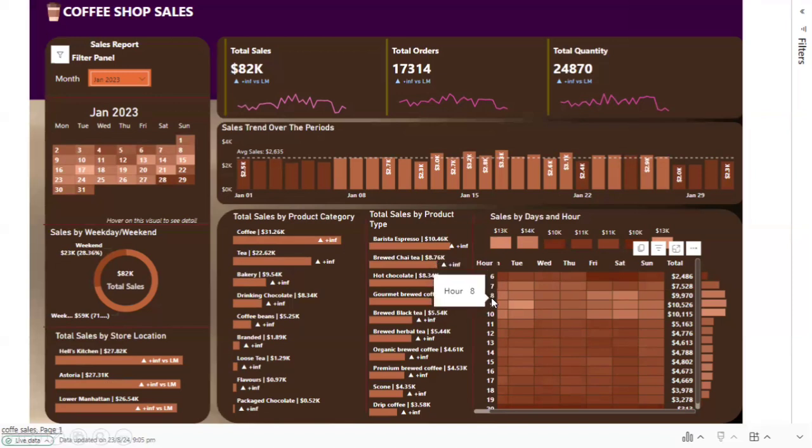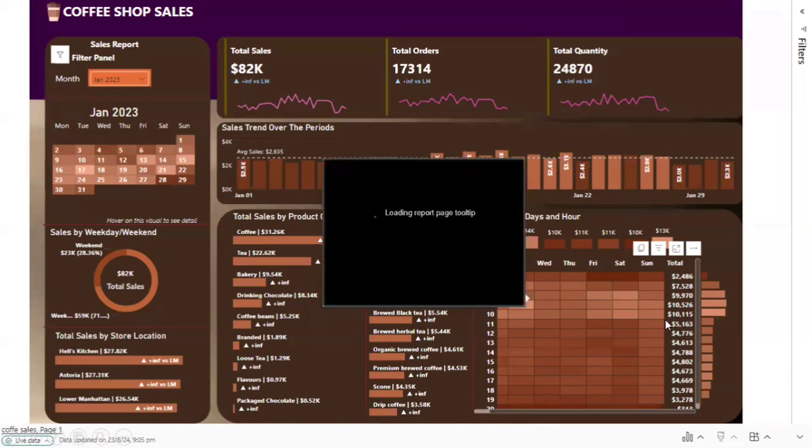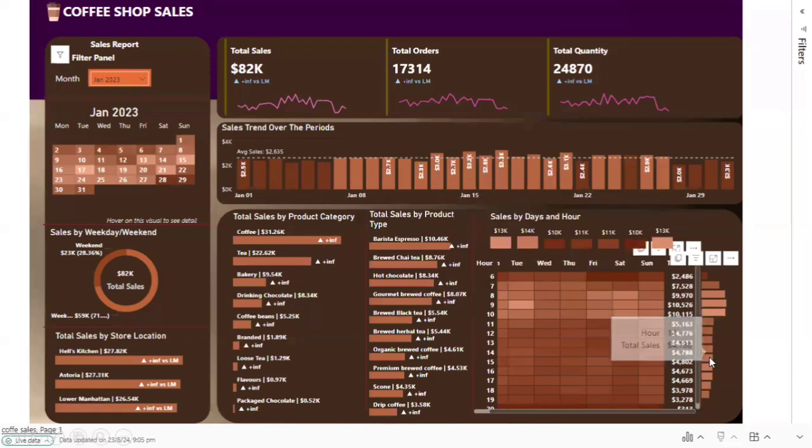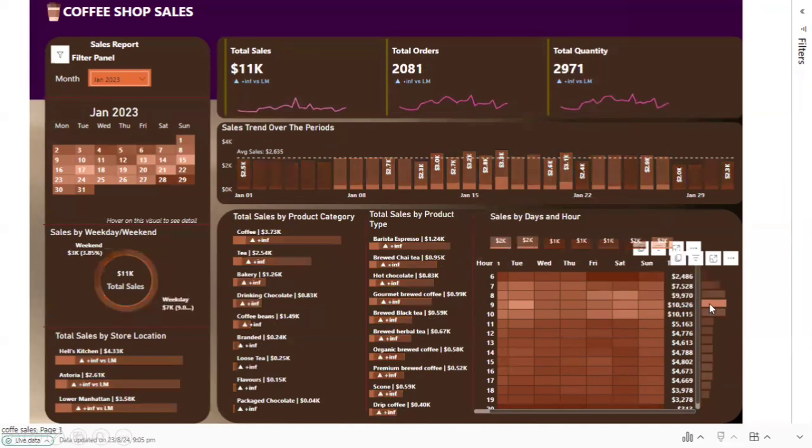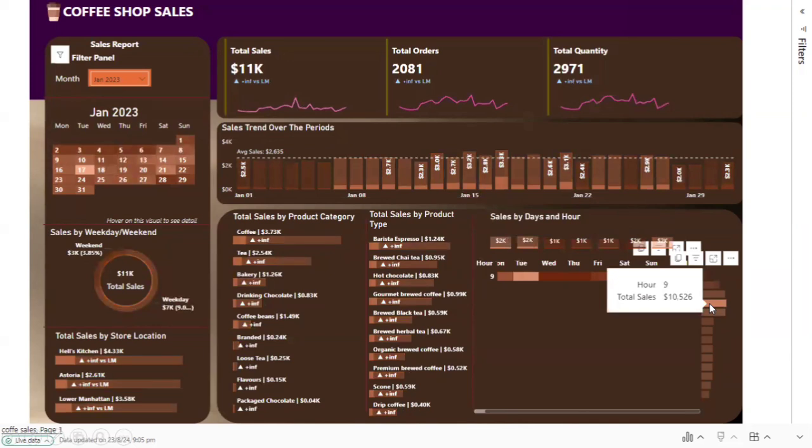Because in the morning, people prefer to have good hot beverages like tea or coffee, which, as you see, are the top selling categories. After that, we can see there is a decline in sales in the afternoon, evening and night. So if we select here, we can say at 9 o'clock, the total sale was $10,522.